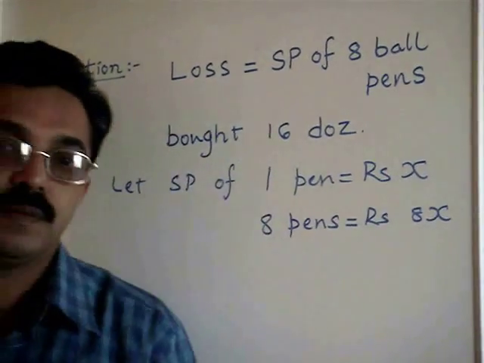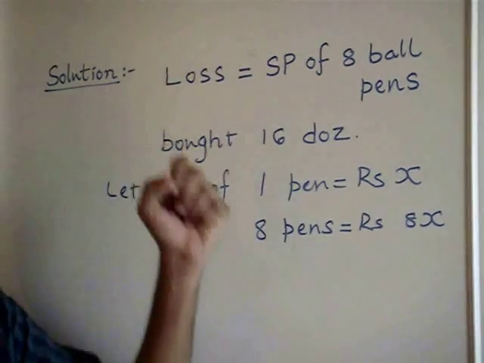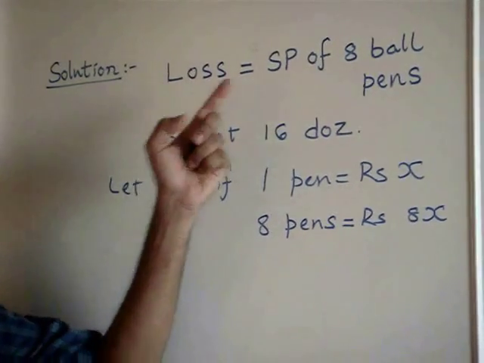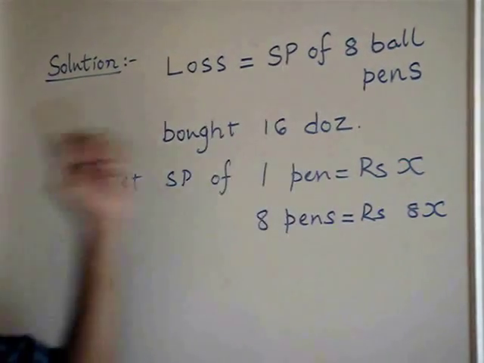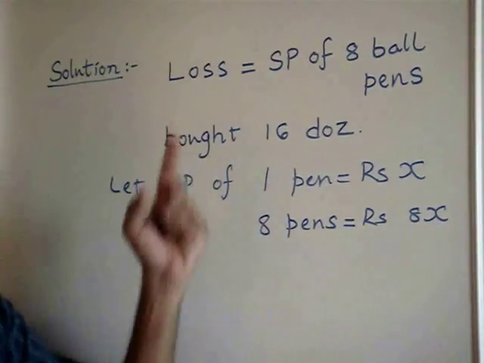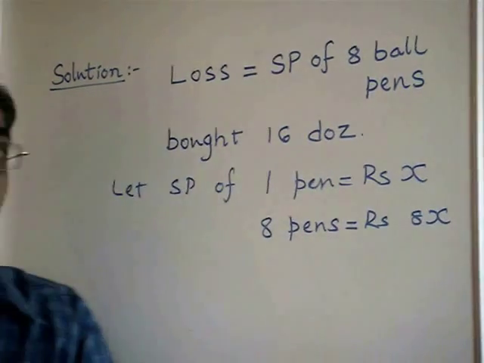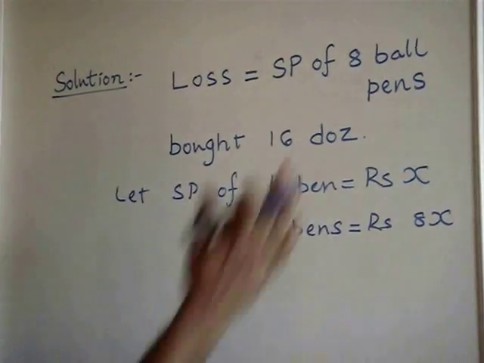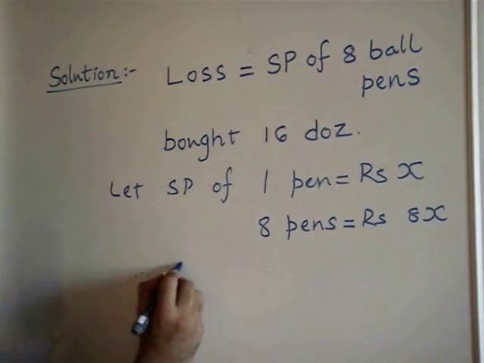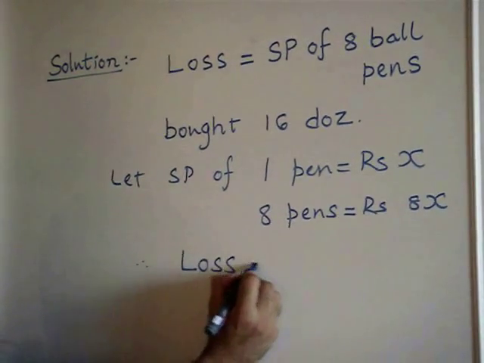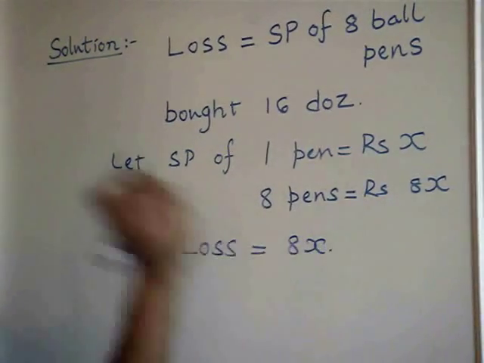Since in the given problem it states that loss is equal to SP of 8 ball pens, therefore loss in this transaction is equal to 8x.